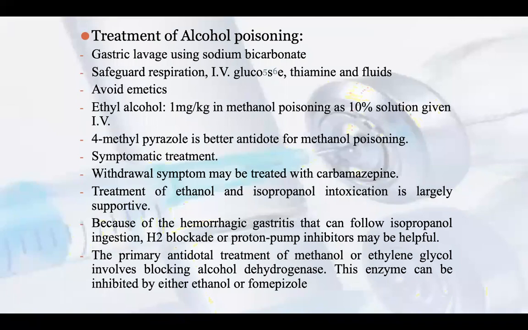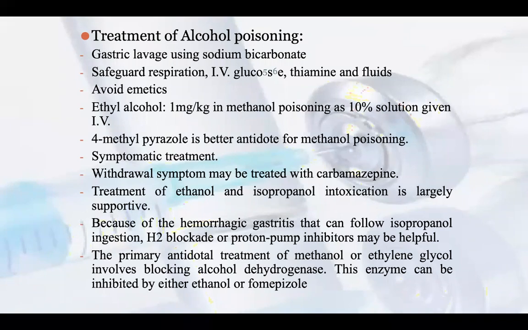Treatment of ethanol and isopropanol intoxication is largely supportive because of the hemorrhagic gastritis that can follow isopropanol ingestion. H2 blockade or proton pump inhibitors may be helpful. The primary antidotal treatment of methanol or ethylene glycol involves blocking alcohol dehydrogenase.